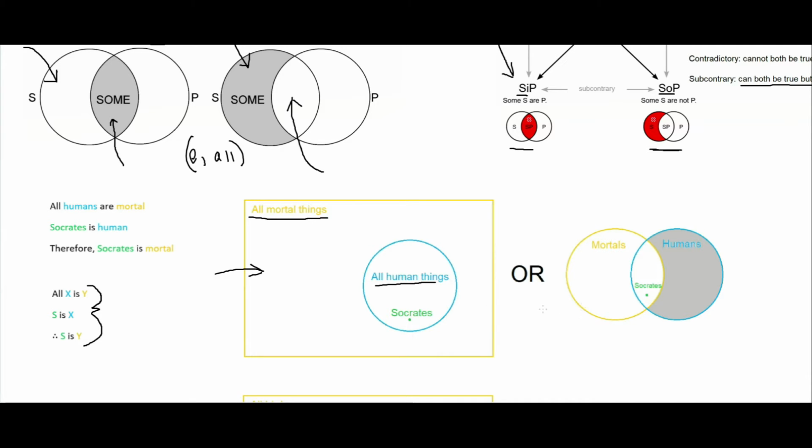Or you can look at it this way, which is probably how you would see it in a logic textbook. The mortals and the humans overlap, but I've grayed out the humans that are not overlapping with mortals, telling us that only humans that are also mortals exist, and we see that Socrates falls in there.